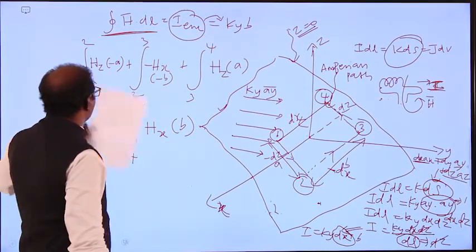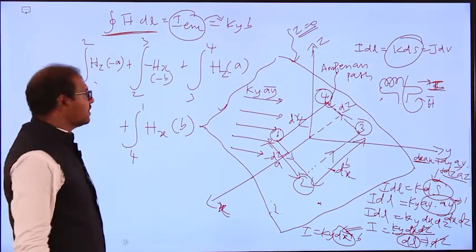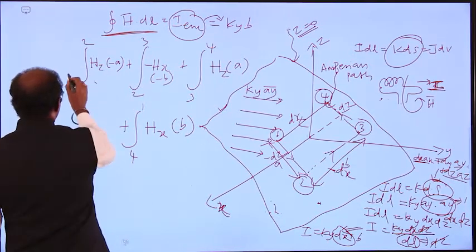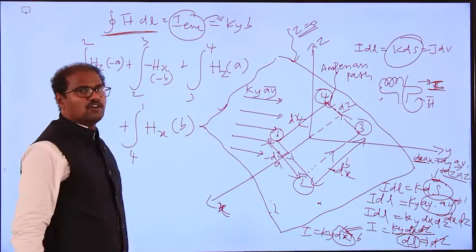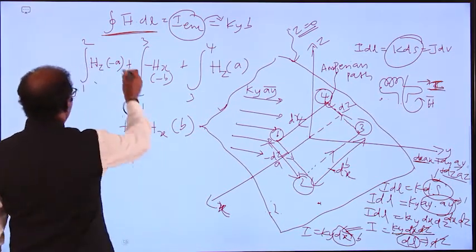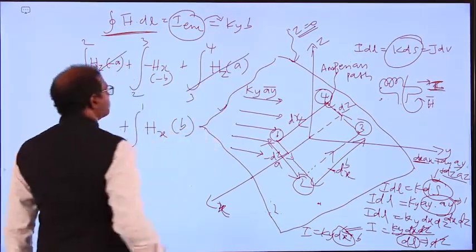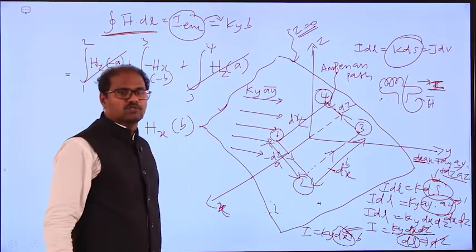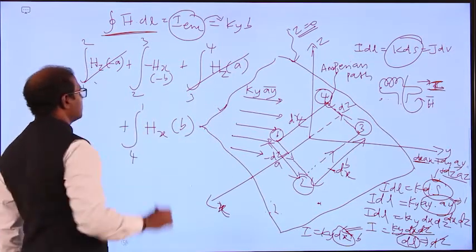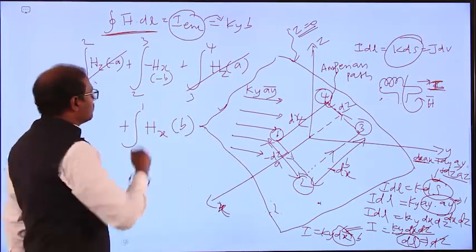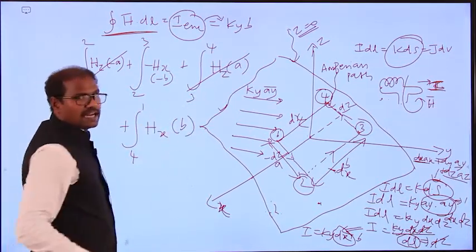Now we are going to find the magnetic intensity from the closed path. I already told you the Z component will be cancelled. This Hz component will be cancelled because we have kept our sheet in the xy plane, so Z is equal to 0. I will tell you how it is cancelled.